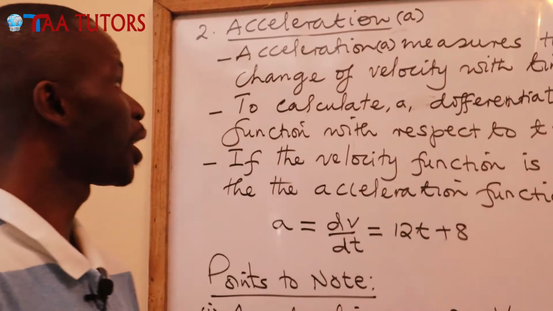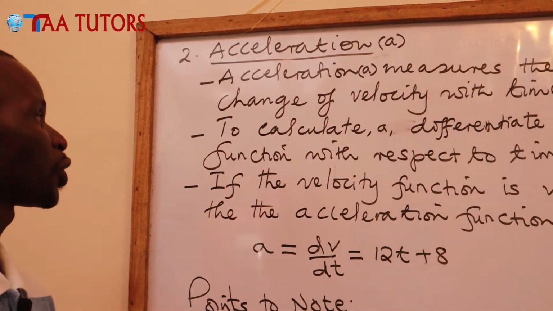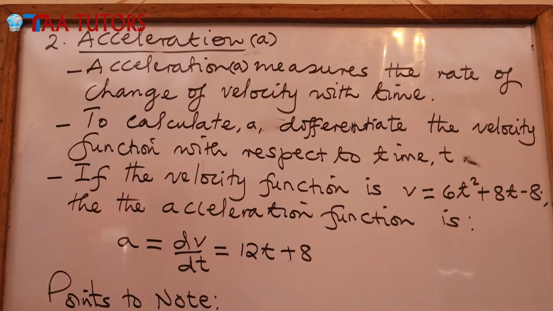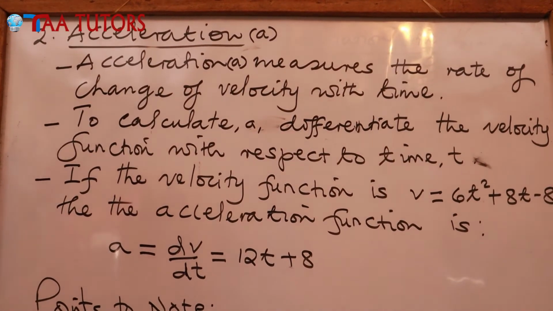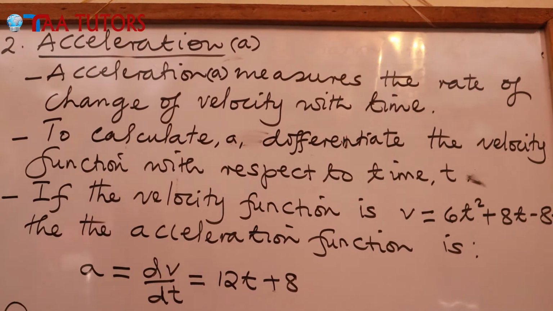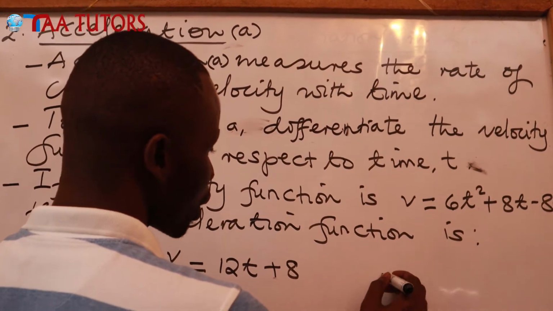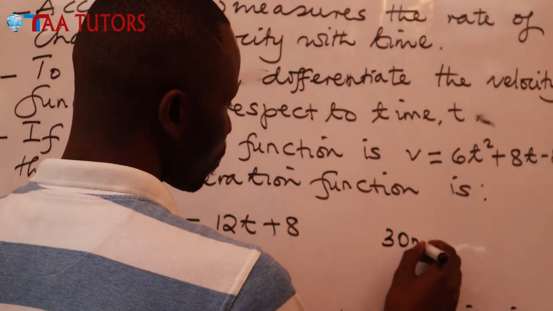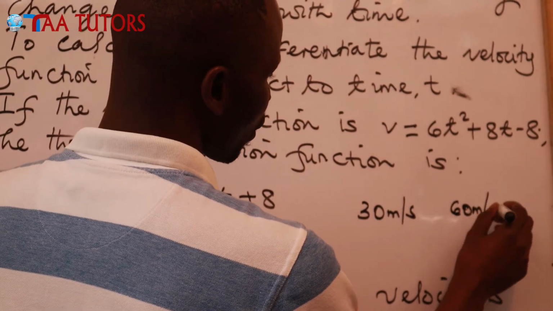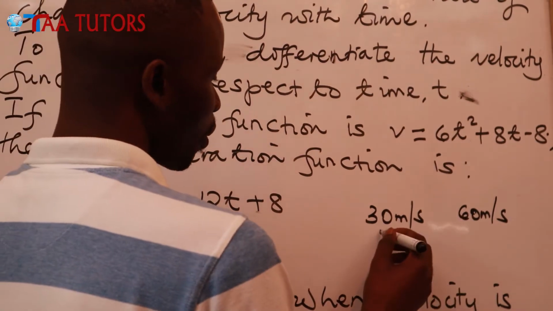Now, when we come to acceleration, we say it is the measure of rate of change of velocity with time. Acceleration is usually used to measure whether an object is moving at an increasing speed or at a decreasing speed. For example, if a car at point A is 30 meters per second, and then at point B 60 meters per second, it means this object has increased its velocity from 30 to 60.